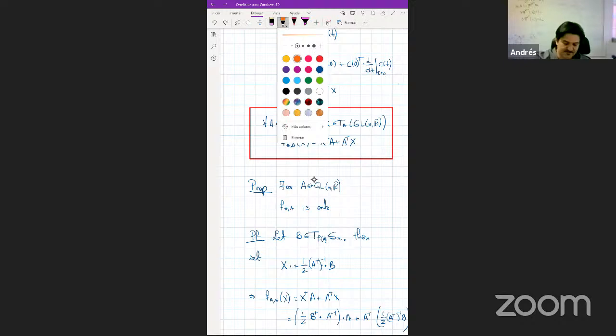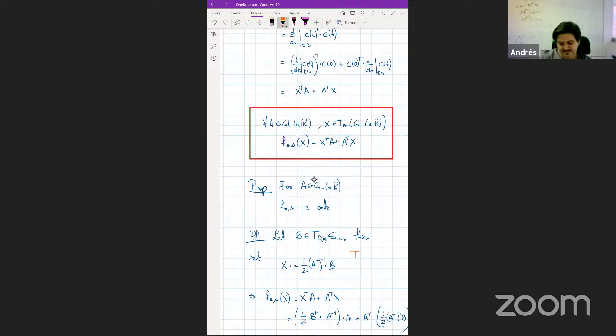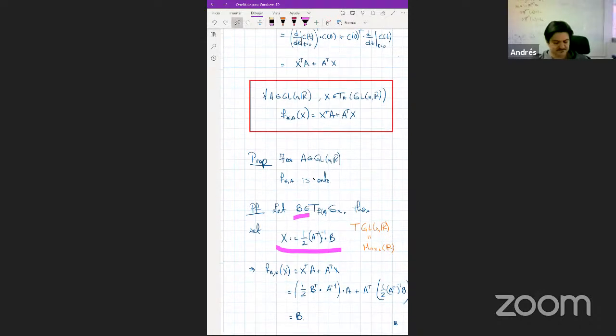What I want here is a vector here. But the tangent space of GLn is the set of all n by n matrices. So I don't need to check anything about X, only that it is a matrix. And for that X, if you do the calculations, you will hit V. This is what we have computed. And now replace the value of X.